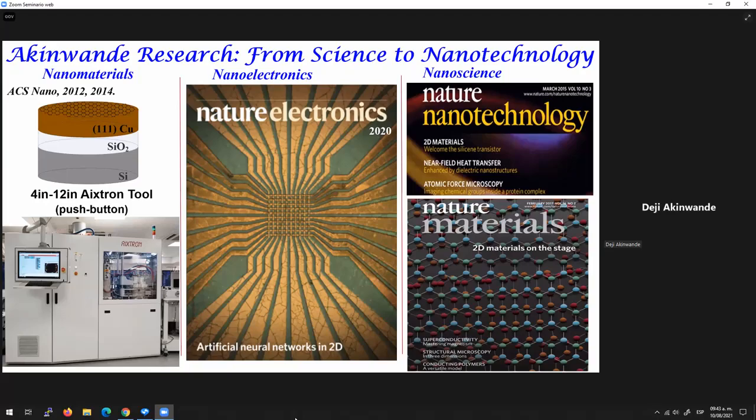And indeed, the focus of this talk today on defects is based on a phenomenon that we first observed, which is the memristor effect in 2D materials. And that led us to question what is the underlying physics of the memristor effect in 2D materials. And then that led us really to the role of defects in these materials.